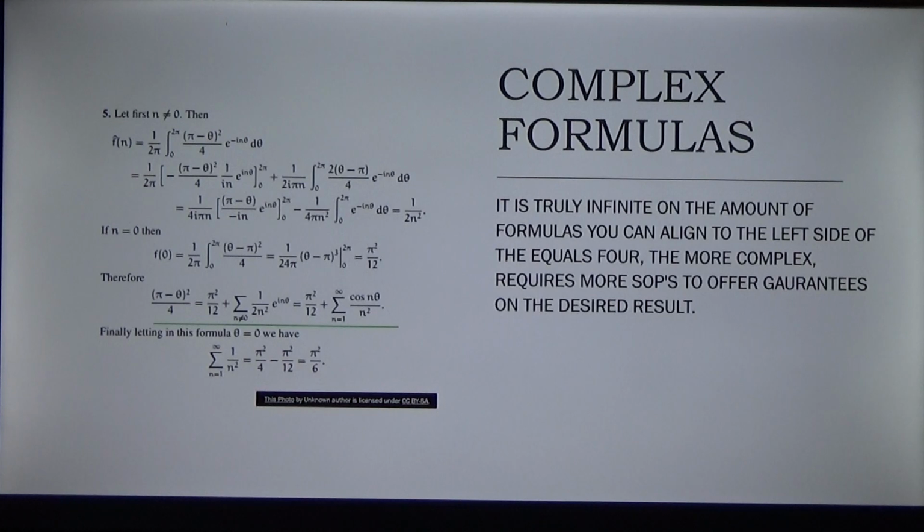I will give props to whoever done it. I'm just relating the fact that complexity is a part of formulas that will equal 4, and you have to be diligent in its honesty for the results inside there to make sure your 4 can offer the guarantees of that desired result.